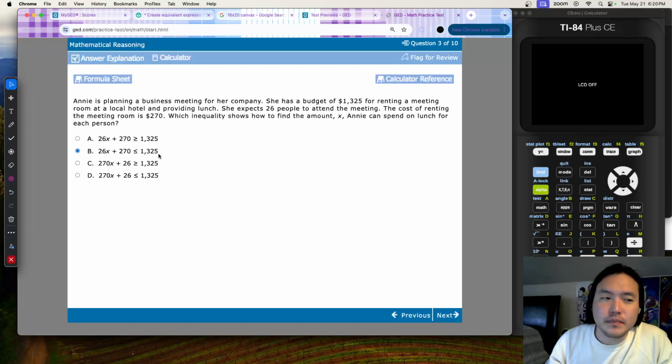There's no reason to multiply the rent times the food. That doesn't make sense. You multiply the number of people times the cost per meal per person, then add the rent, and make sure that's less than our budget.